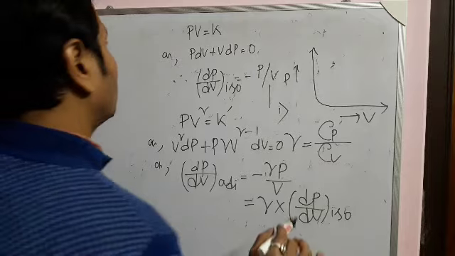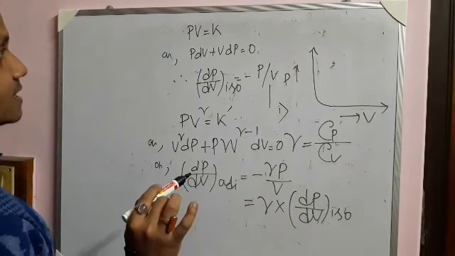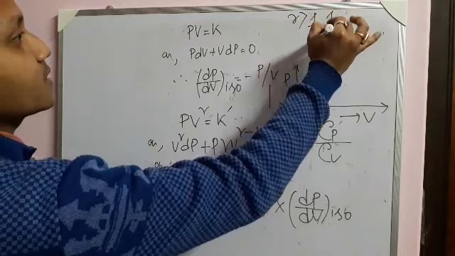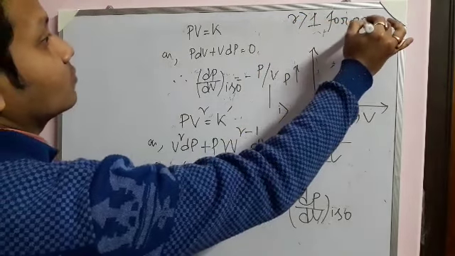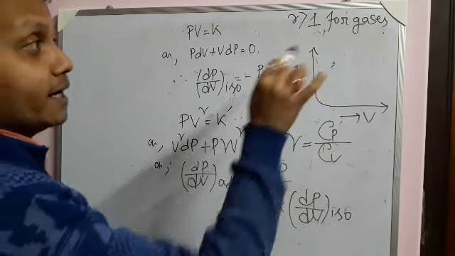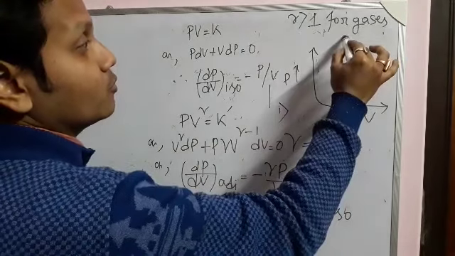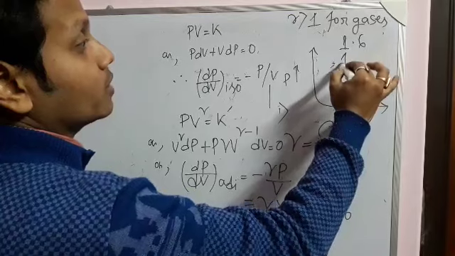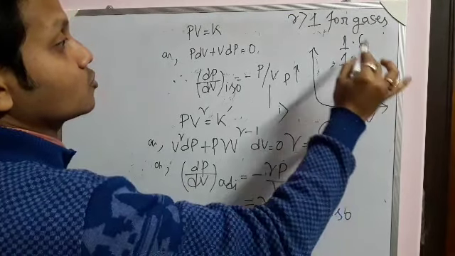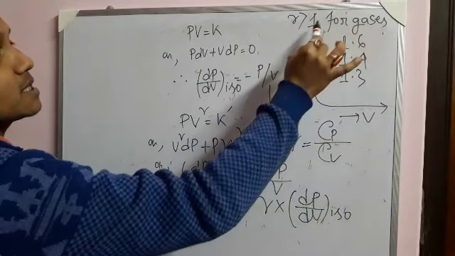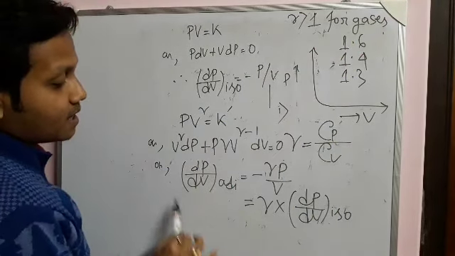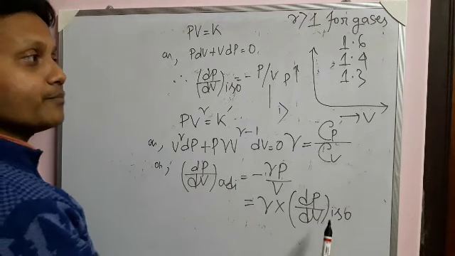Now you all know that for gases gamma is always greater than 1. Why? That we will learn in heat: for monatomic gas gamma is about 1.6, for diatomic gas or air it is 1.4, and for triatomic gas it is 1.3. So in all cases for gases gamma is greater than 1. If gamma is greater than 1, the adiabatic slope is larger than the isothermal slope.